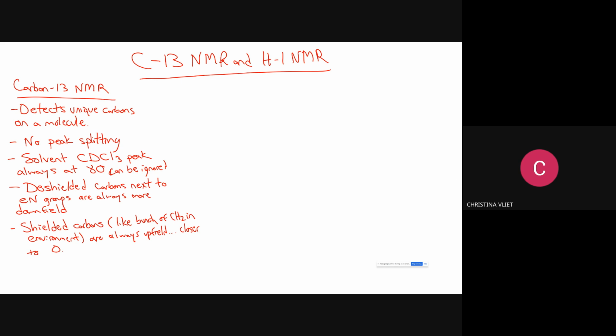So then for this, I figured the best way to remind ourselves what we had to do here is I have a couple of examples and I wanted to ask how many unique peaks in each of these examples. So for carbon NMR, how many unique peaks in this?